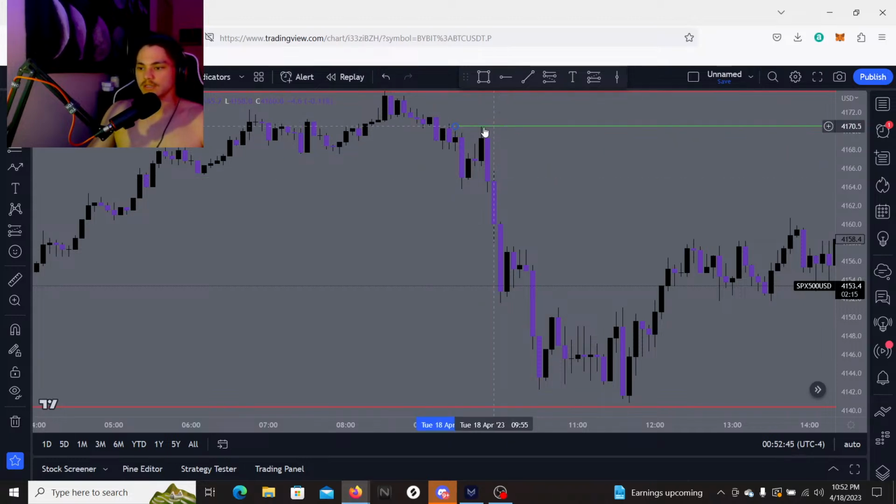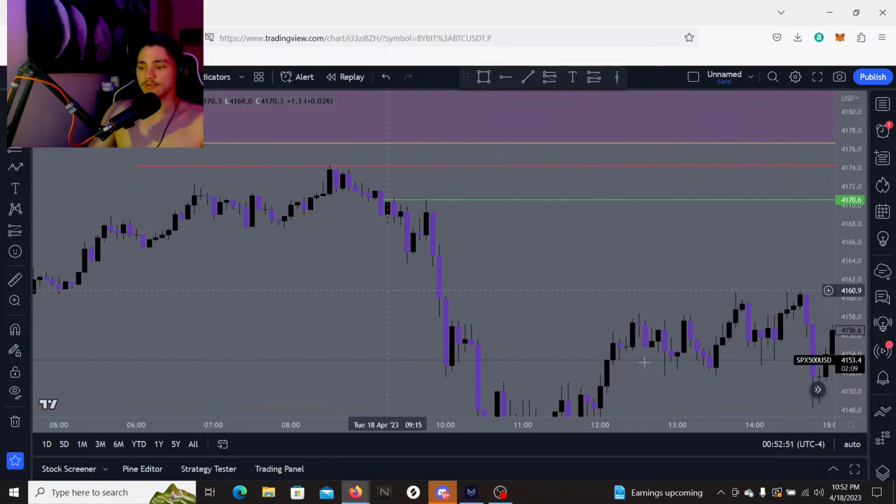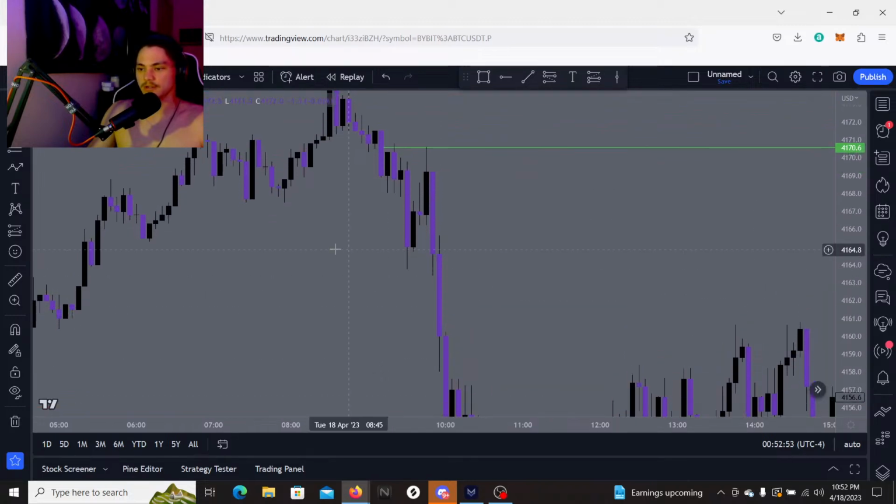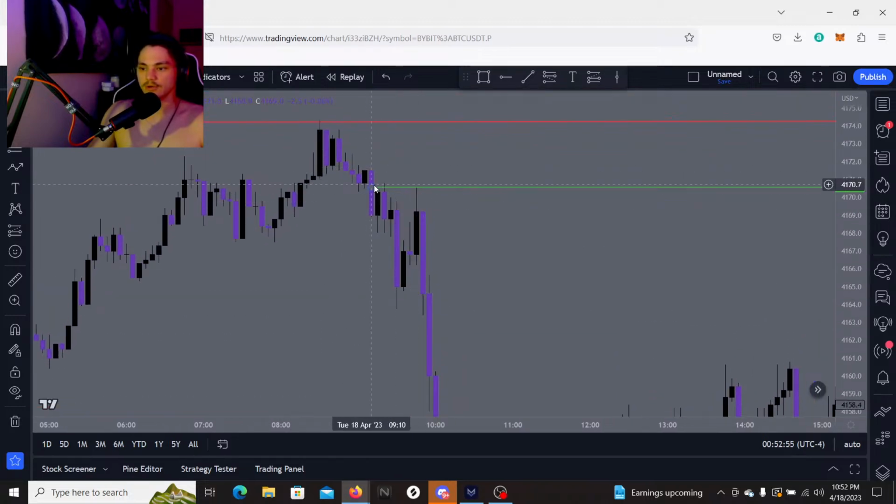We saw price come up to right here, sweeping two buy-side liquidities. Not huge, but it did sweep some liquidity there. Scooped up some liquidity. Kind of just tested this area. You could even say it kind of tested this OB here, 5 minute order block.